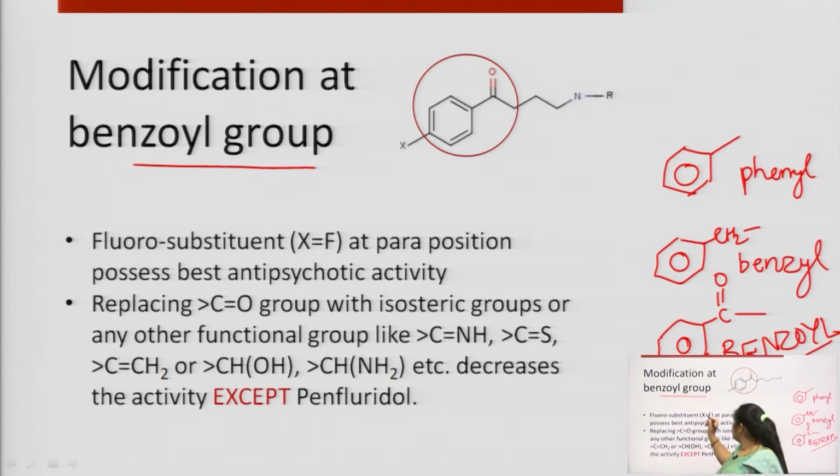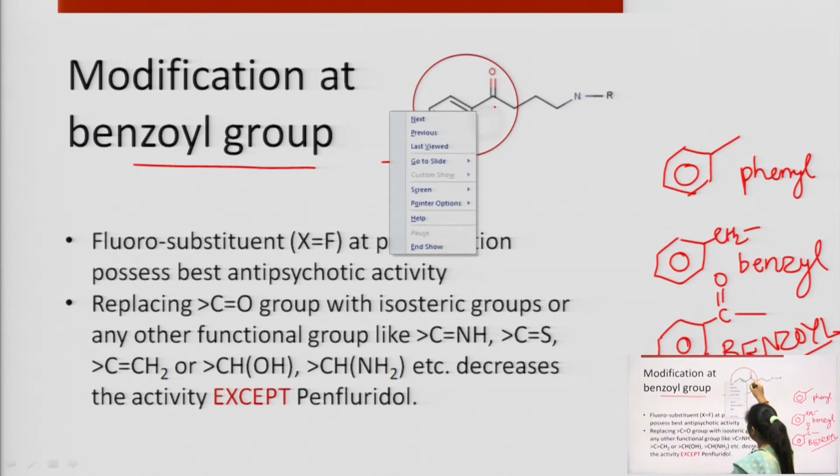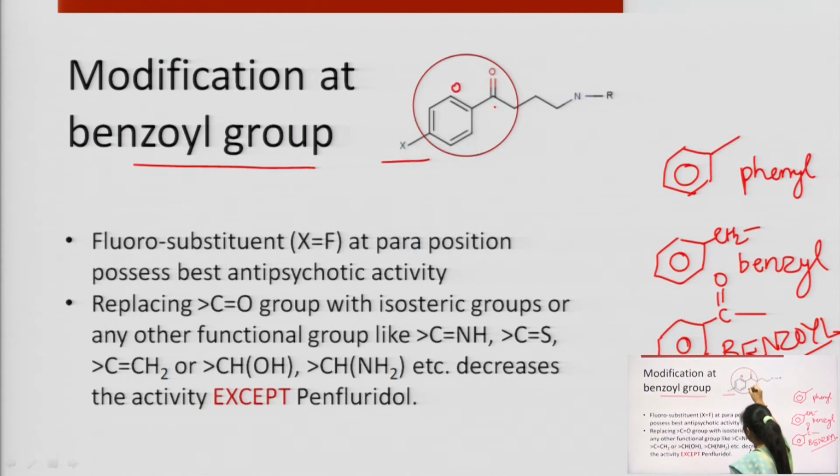Now, where we have seen the X, this X is substituted or replaced with a fluorine group. These are fluoro substituents. In this benzoyl group, this is the main position of the substituent. These two are ortho, these two are meta, and this one is para.